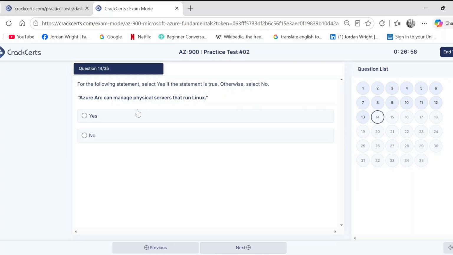Such as, it allows you to bring on-premises, multi-cloud, and edge resources under a unified control plane. Using Copilot.